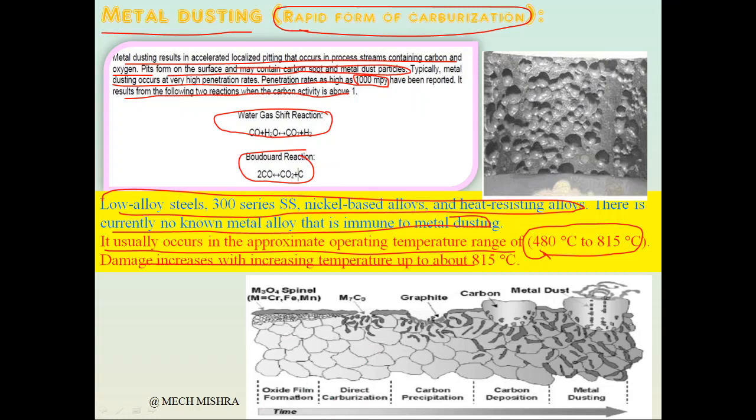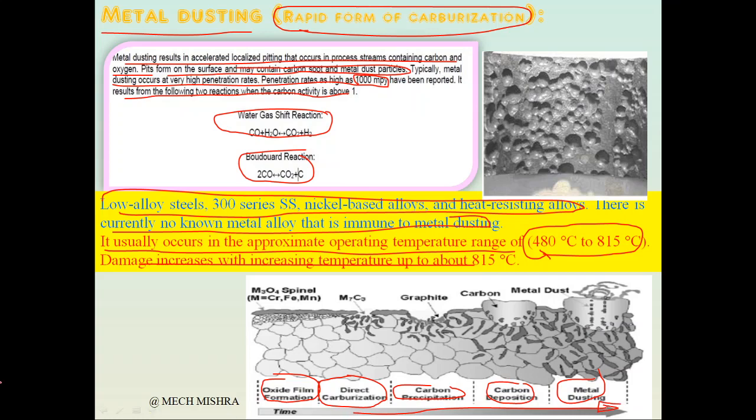First it starts with oxide film formation. Then direct carburization, then carbon precipitation, then carbon deposit, then further metal dusting. So these are the various stages that will proceed with time.